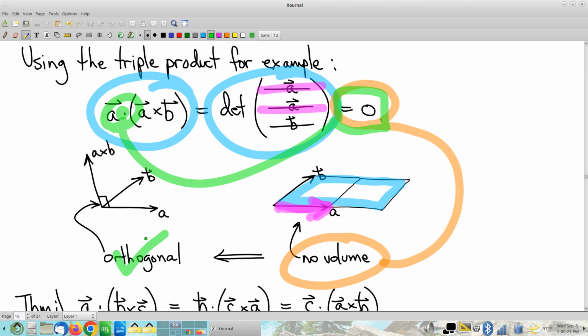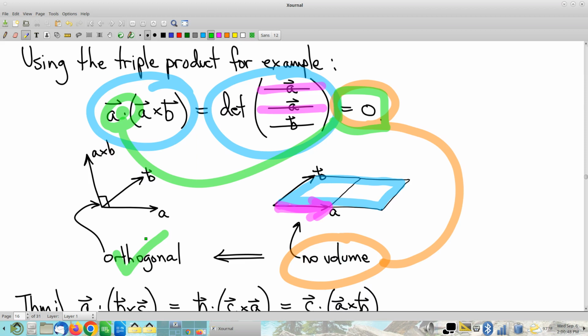So this is a different way of coming to the same conclusion, but notice the triple product allows us to relate cross products that we're trying to learn about to dot products and determinants that we already have an understanding about. Notice we used our interpretation of dot product as telling us about orthogonality, and we used our interpretation of determinant as telling us about volume.